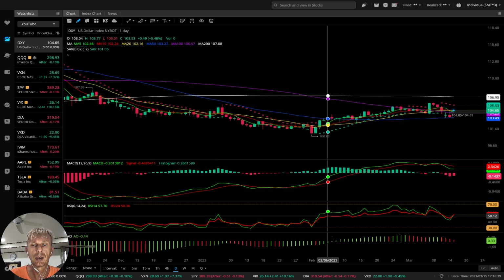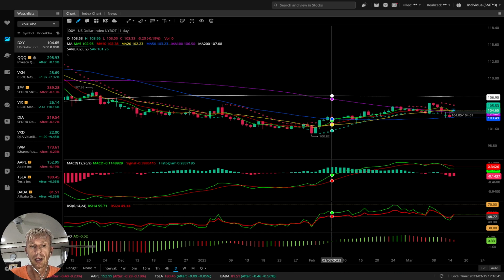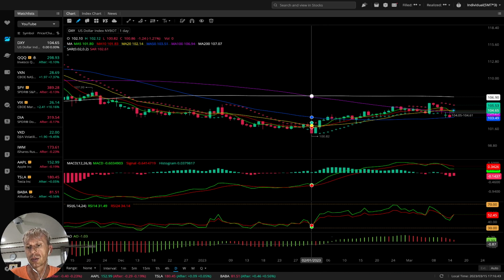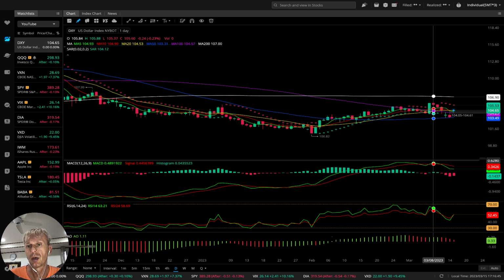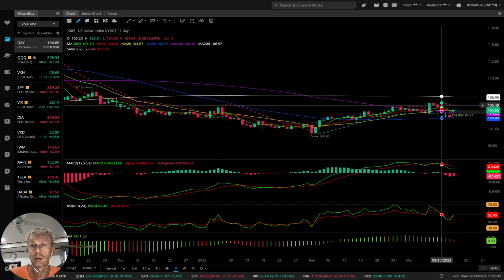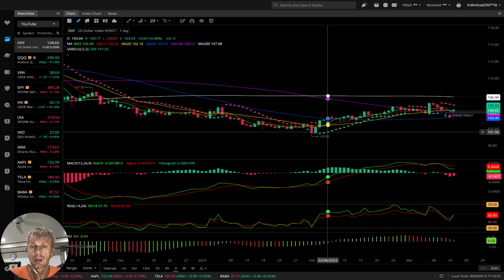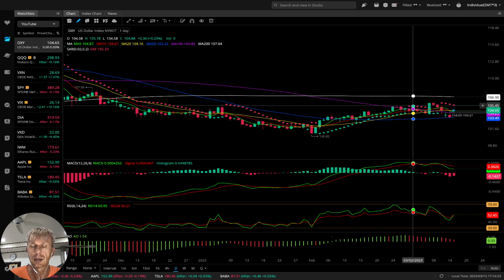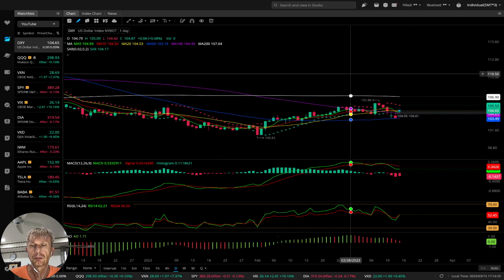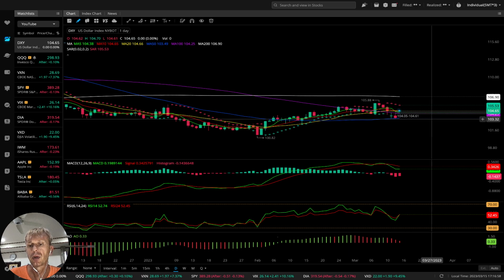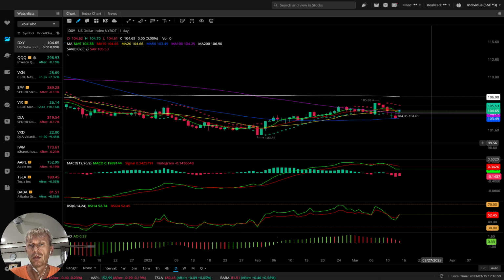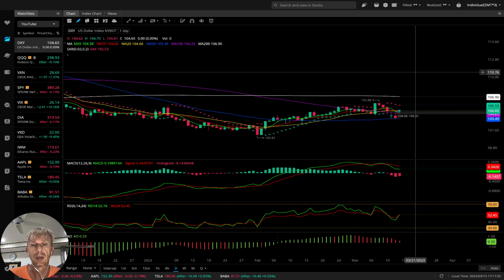RSI indicator, green line, red line, signal line. Also oscillator, green is bullish, red is bearish. I'm using 4-5 indicators. Also, I didn't mention, I'm using green dots, it's a bullish reversal signal, red dots, it's a bearish reversal signal. That's what I have. Reversal, bearish, 5 indicators only.